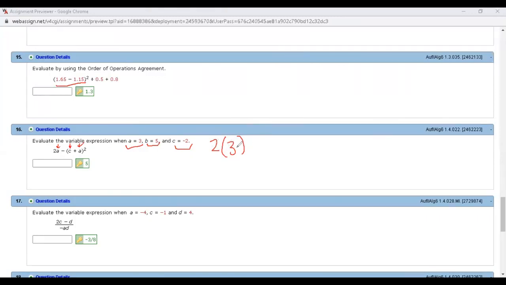So we got 2 times A, which is 2 times 3 now, minus, then we have an open parenthesis. Now, when you are plugging things inside of parentheses, I recommend to change your grouping type. So you may want to change it to brackets.